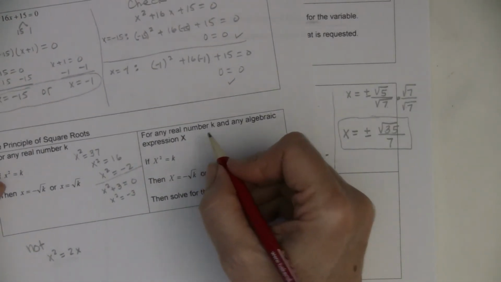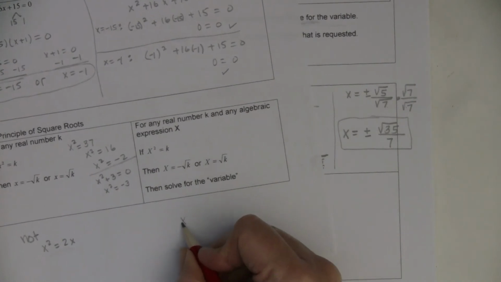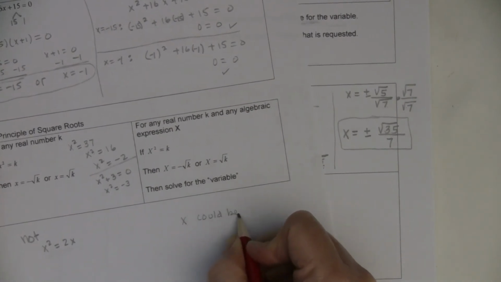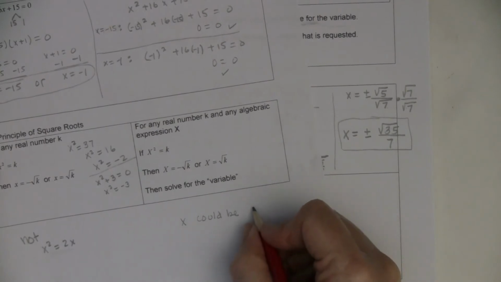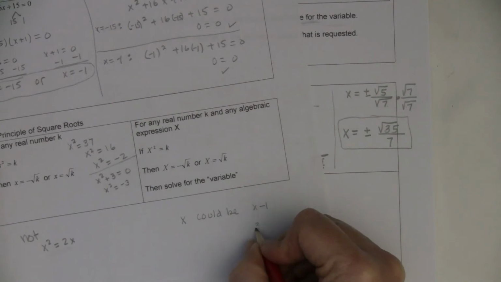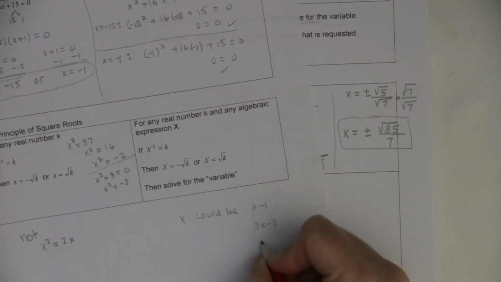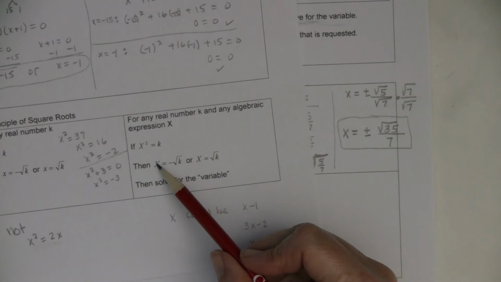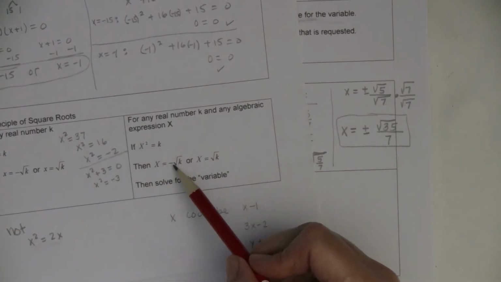So capital X could be, for example, x minus 1, or it could be 3x minus 2, or it could be y plus 4. Any algebraic expression there, and then you can use this property here. Whatever you have, because it's squared, you're going to unsquare it, right?